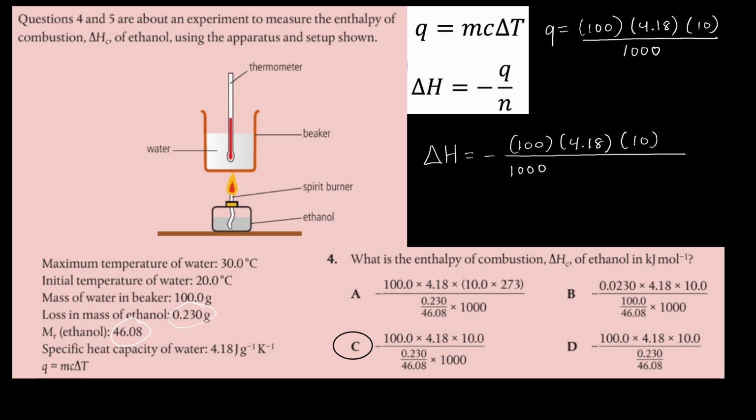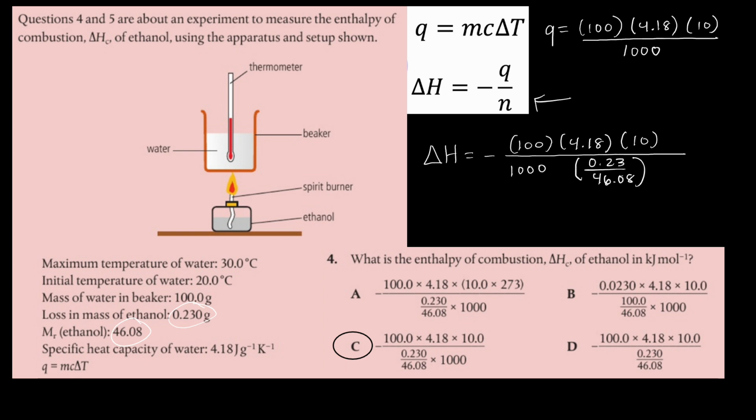That's going to be in the bottom, or the denominator, of this equation. So it would be 0.23 divided by 46.08, and that would give you your moles in the denominator for the question. And with that, you get your answer choice of C.